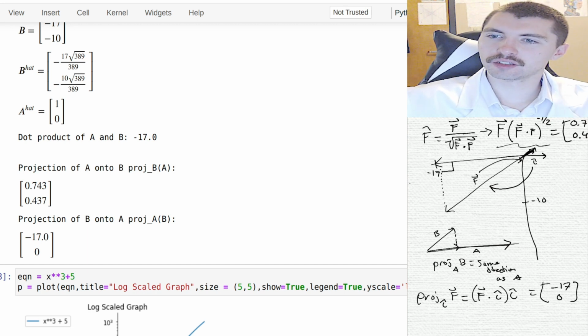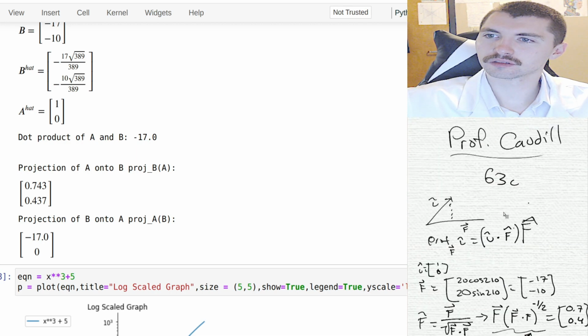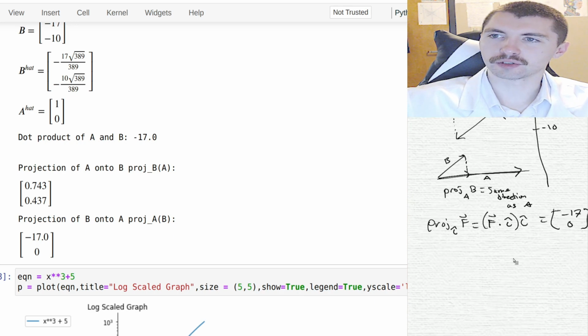Projection of F onto I. I onto F gets us this. F onto I gets this. Okay.